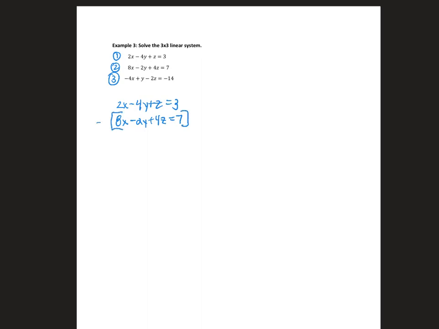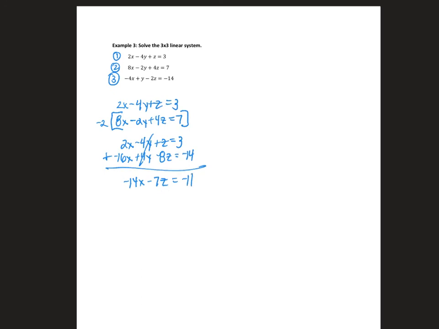So I'm going to multiply the bottom equation by -2. So there's my top equation again. The bottom equation is -16x plus 4y minus 8z equals -14. If I add those equations together, the y's drop, and I'm left with -14x minus 7z equals -11.